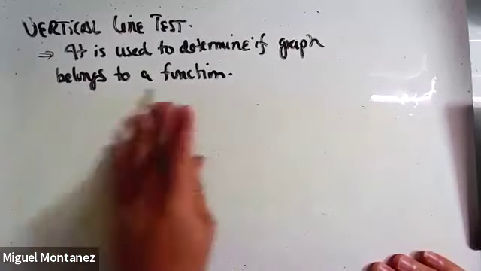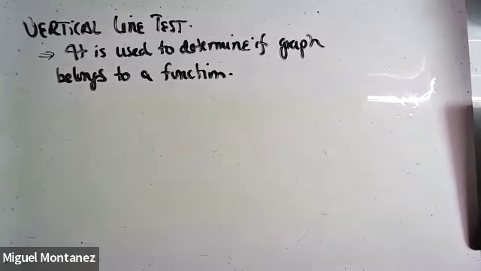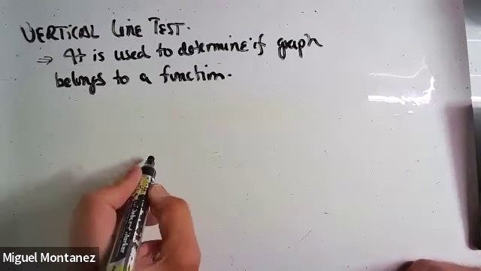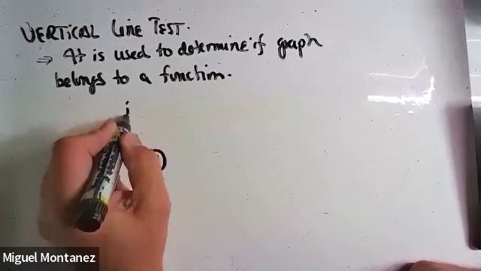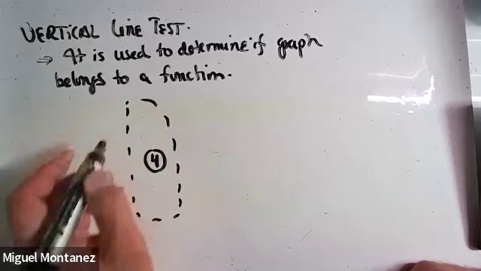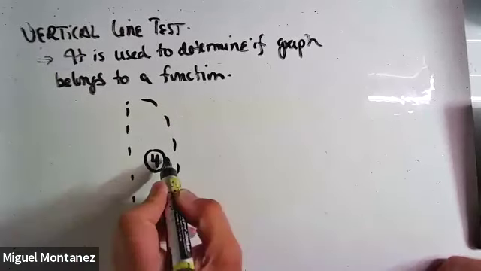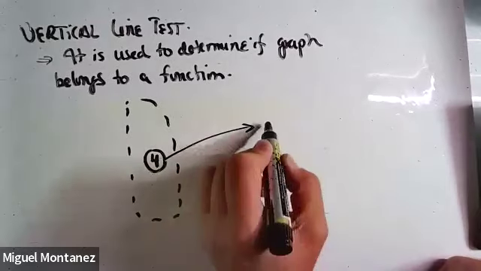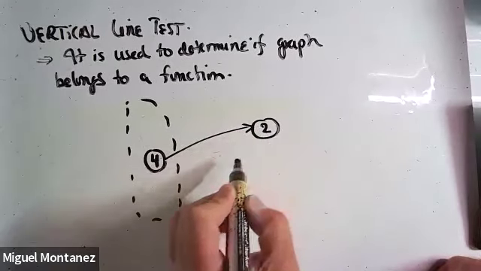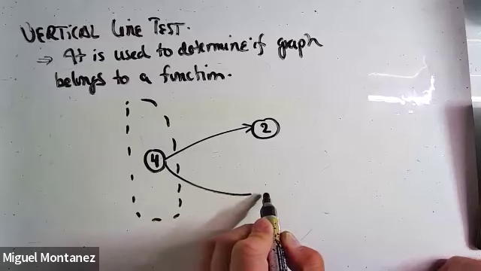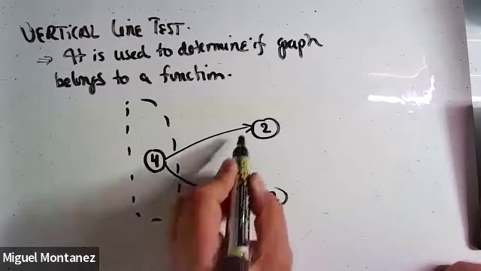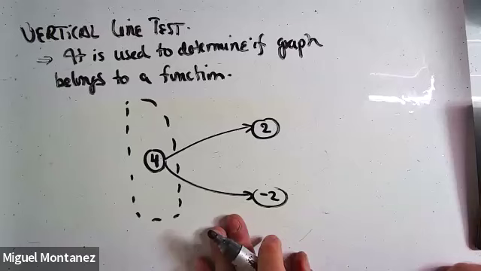If you recall the definition of function, the importance of a function is that for each input, there is exactly one output. If I have, for example, the point 4 here, that is part of the domain, that's my input, and let's say that 4 goes to 2 and also goes to -2, of course, this will not represent a function.